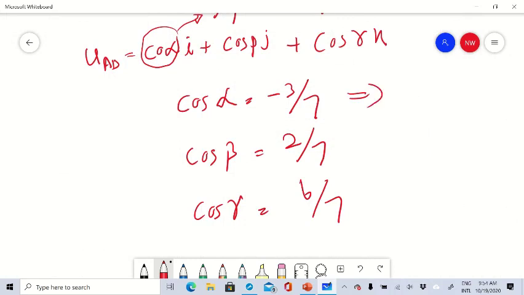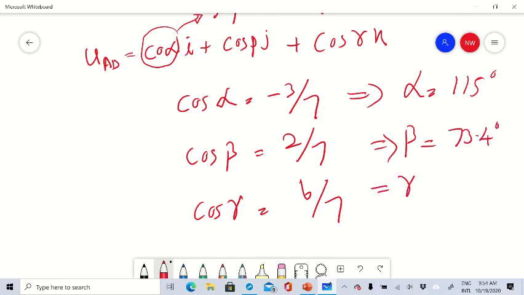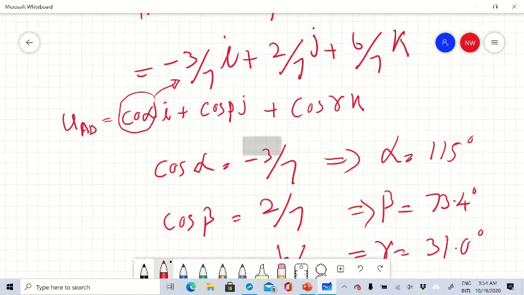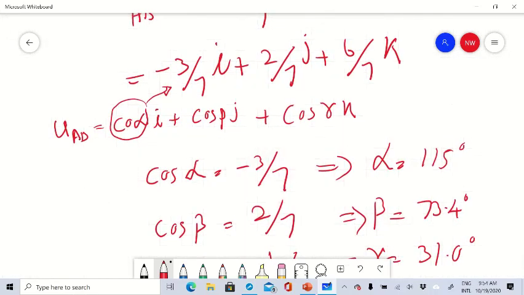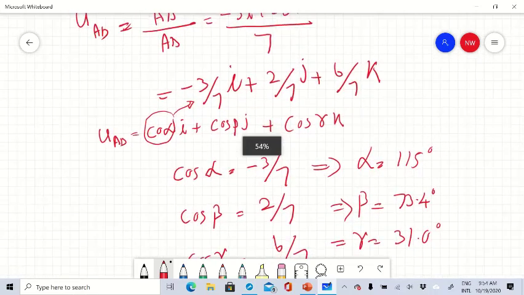From this you can say alpha is equal to 115 degrees and beta is equal to 73.4 degrees and gamma is equal to 31.0 degrees, right? So now you know alpha, beta and gamma, right?